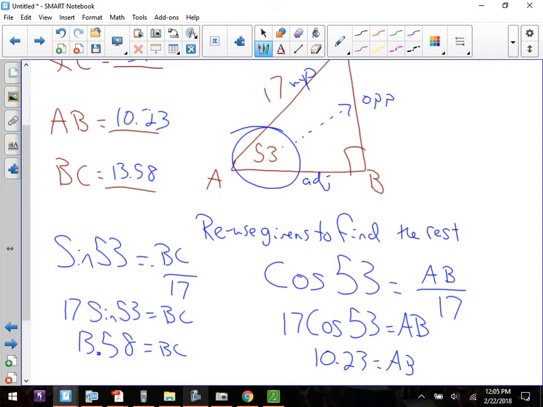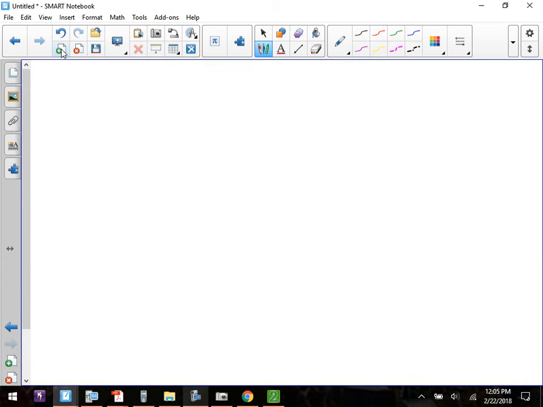Okay, so 5D. Because I have an angle, I don't know the opposite, I have a hypotenuse. I have an angle, I don't know the adjacent, and I have a hypotenuse. I'm using the angle and the hypotenuse to find the opposite parts. Same thing goes for if you had it another way.